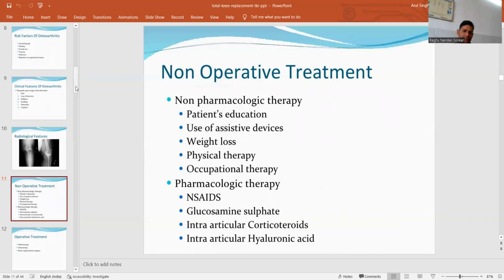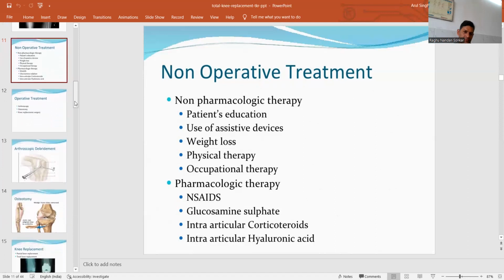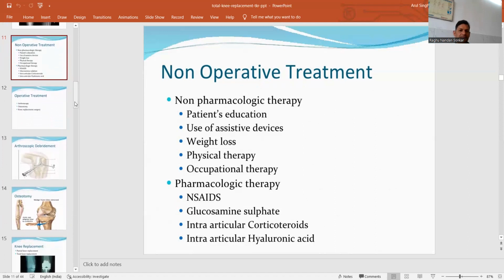When we come to management, there is non-operative management and operative management. Non-operative management means, before going for surgery, you have to treat with pharmacological, non-pharmacological therapy, physiotherapy, all therapies which can avoid surgical intervention.